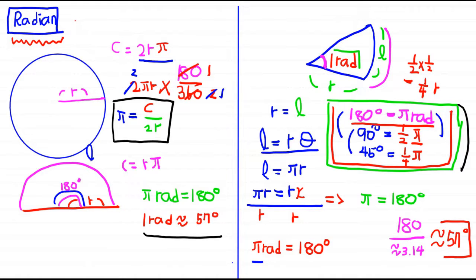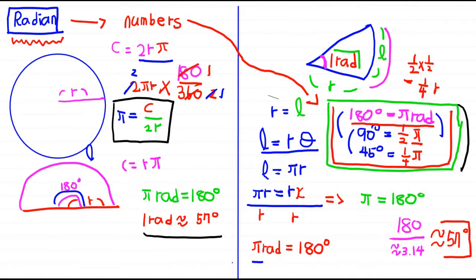But the difference between radians and degrees is that we express radians with numbers, such as right over here: 180 degrees is equal to pi radians, 90 degrees is equal to 1 over 2 pi, like that. I'd like you to memorize these expressions because they're important. You also need to know the steps of how we found 180 degrees equal to pi radians with the sectors.